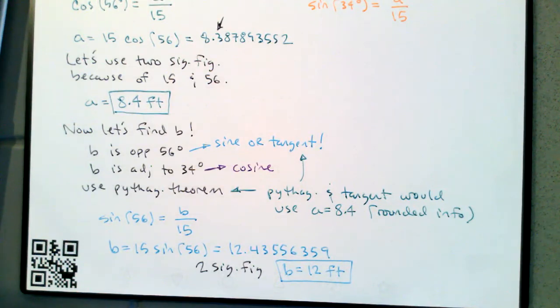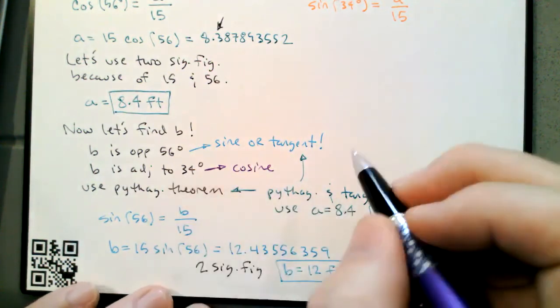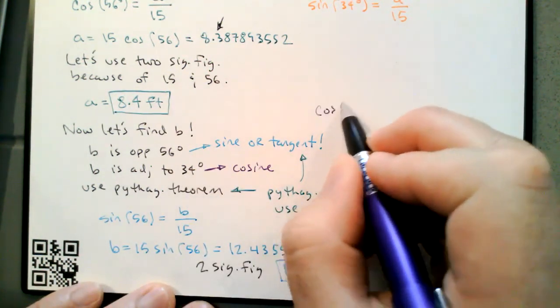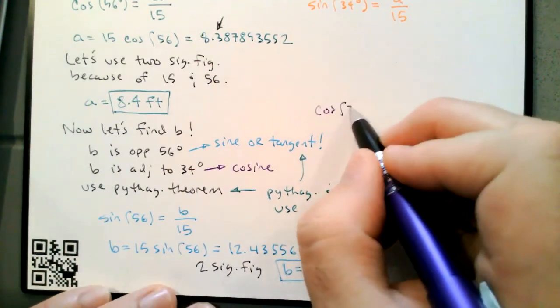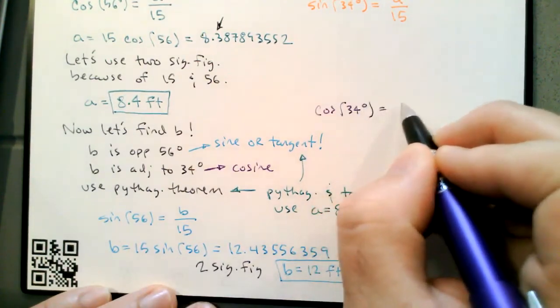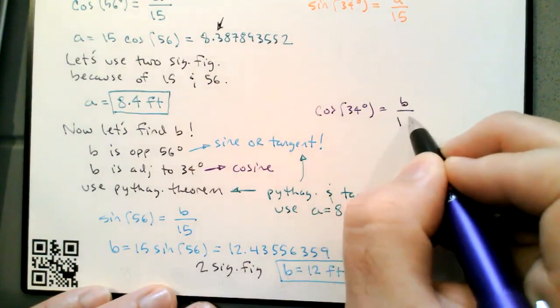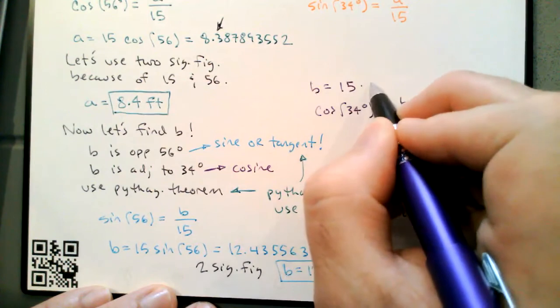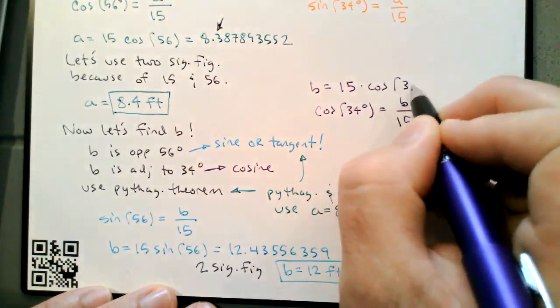The 34 hasn't been rounded. It's got the same number of significant digits as all the rest of the stuff. So it would also be reasonable to use cosine because the 34 is right on the money. So I could say that the cosine of 34 degrees is adjacent over hypotenuse, so that B is 15 times the cosine of 34 degrees.